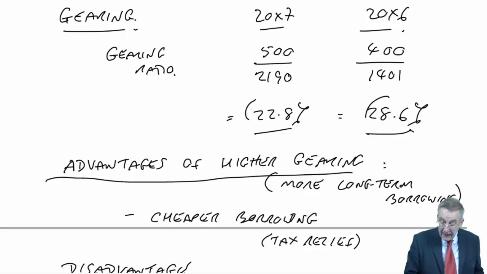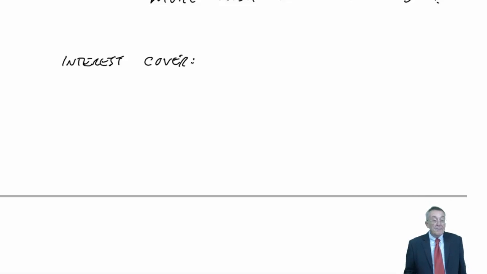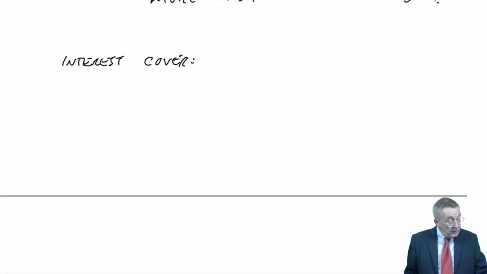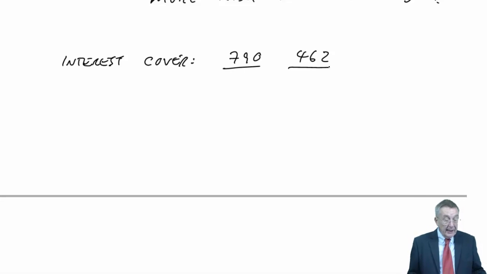The other measure, which relates to something I said a minute ago, is the interest cover. So the last measure of all, but still related to the gearing. The profit before interest and tax, which we had earlier, 790 this year, 462 last year, divided by the interest charge.